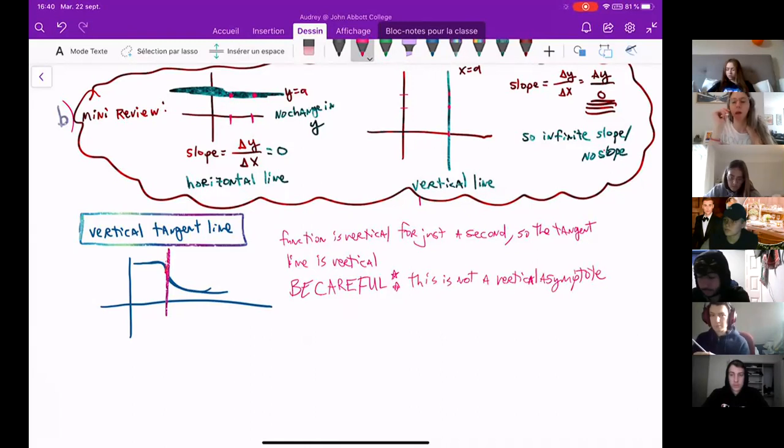And guess what? That's it. These are the only places that a function might not be differentiable.